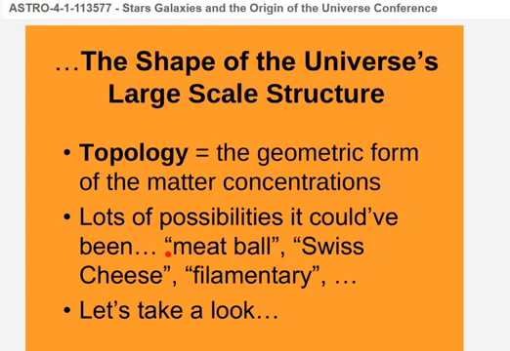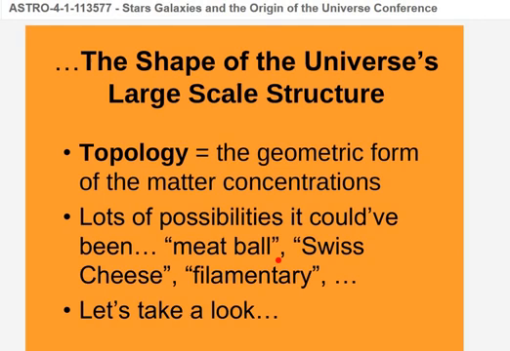It could have been a meatball topology, where the density is concentrated into roughly spherical lumps surrounded by empty space on all sides, and then another lump somewhere else. That may be the easiest one to come to mind, but it's not the only possibility.